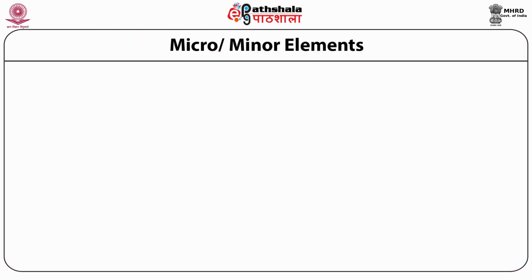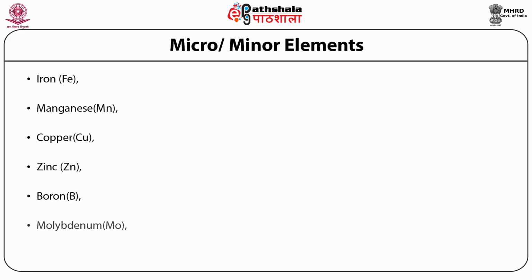Micro elements, as the name suggests, are those elements which are required in very small quantities. In this category, we have chemicals such as iron, manganese, copper, zinc, boron, molybdenum, and cobalt.